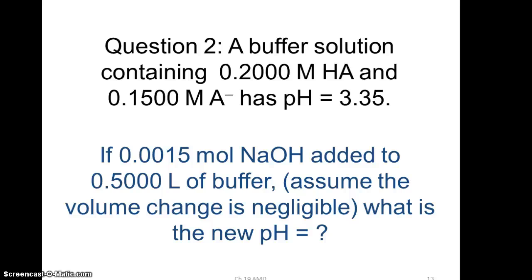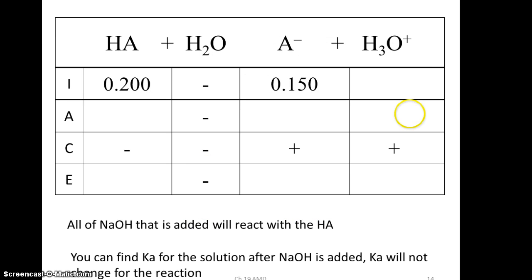I'll walk you through a little bit of this to help you out. Here is our ICE chart, it's a little bit different. We have our initial, and we're given the pH, so that means we know how to calculate H3O+. That'll be another thing you have to know for Wednesday. And then A is the added.